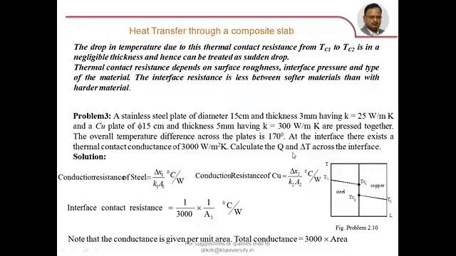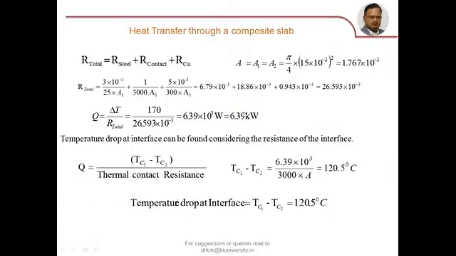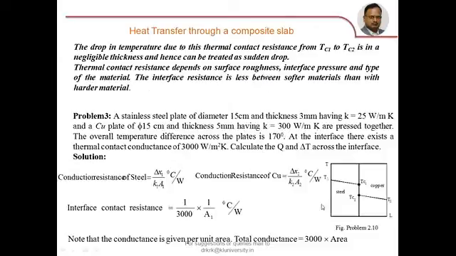Now another question asked here is, determine the temperature difference across the interface. The amount of Q we have found is 6.39 kilowatts, and that 6.39 kilowatts will pass through the steel against the resistance offered by the steel. The same amount has to pass through the copper plate against the resistance offered by the copper, and the same amount will also pass through the interface resistance.